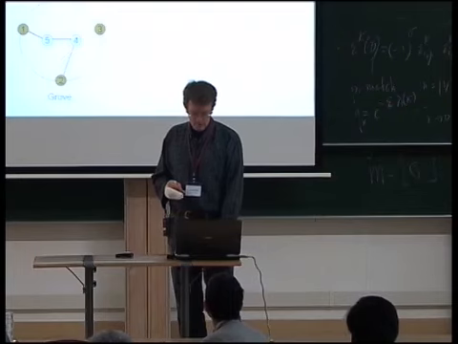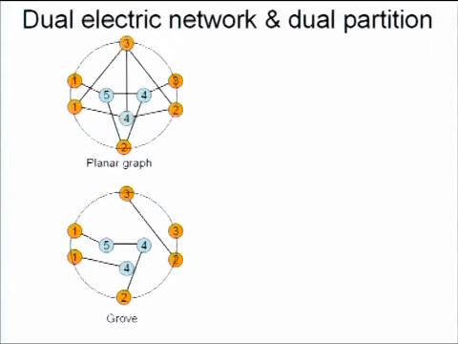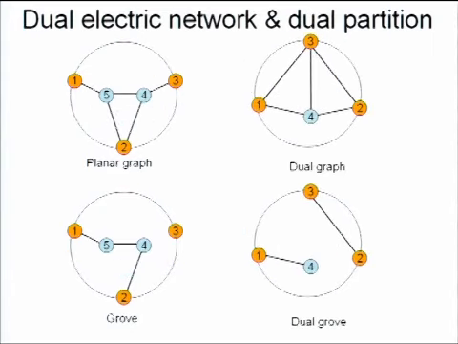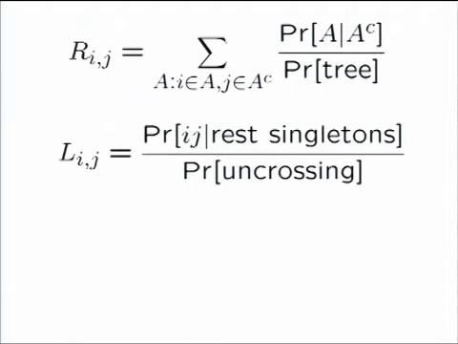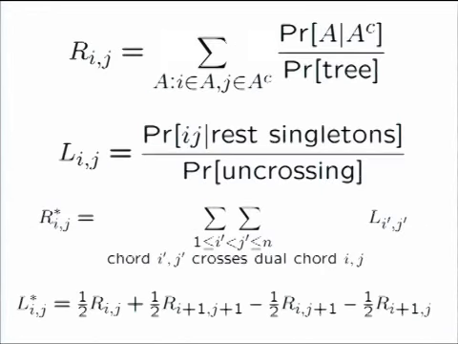And using electric network duality, which I'm not going to go through in great detail, and a little bit of work, not too much work, this shows how you get the polynomials in terms of the pairwise electrical resistances.